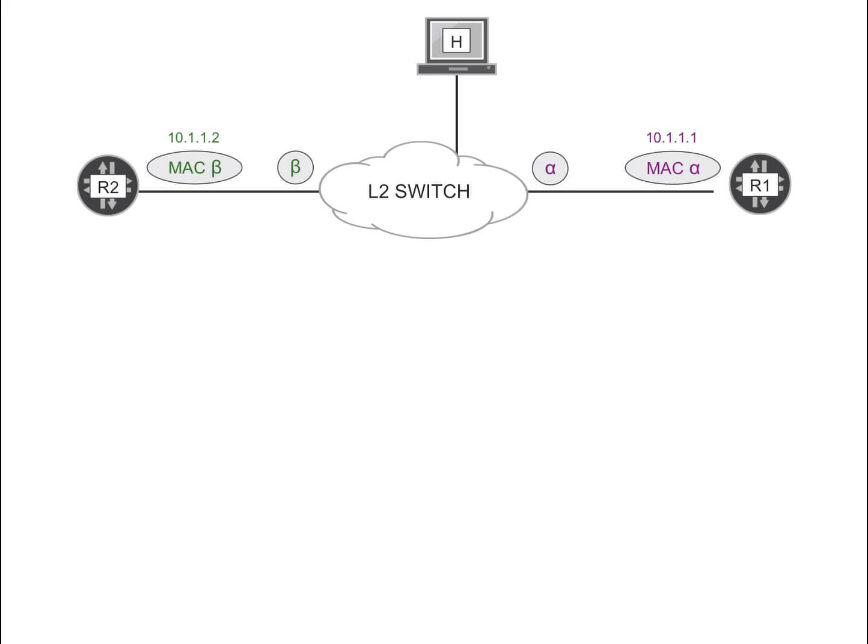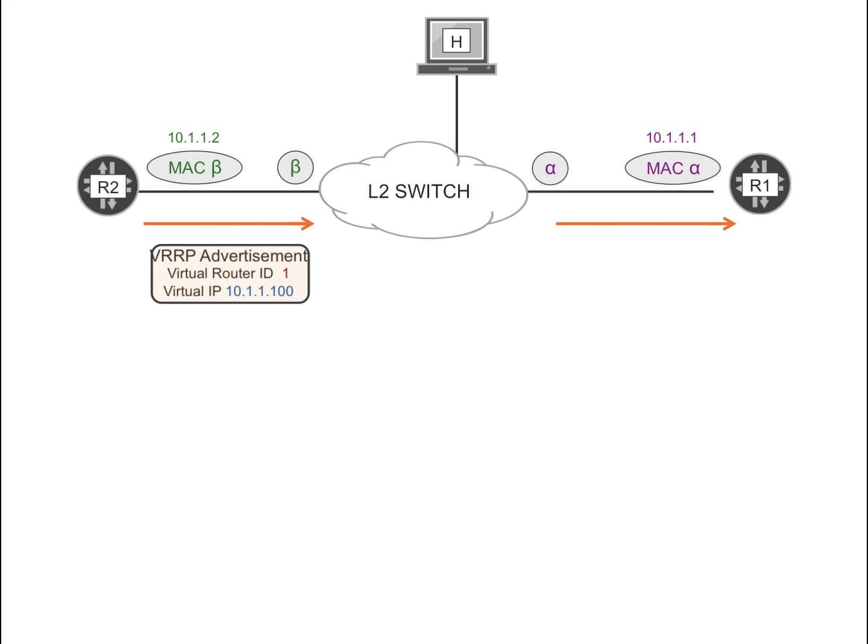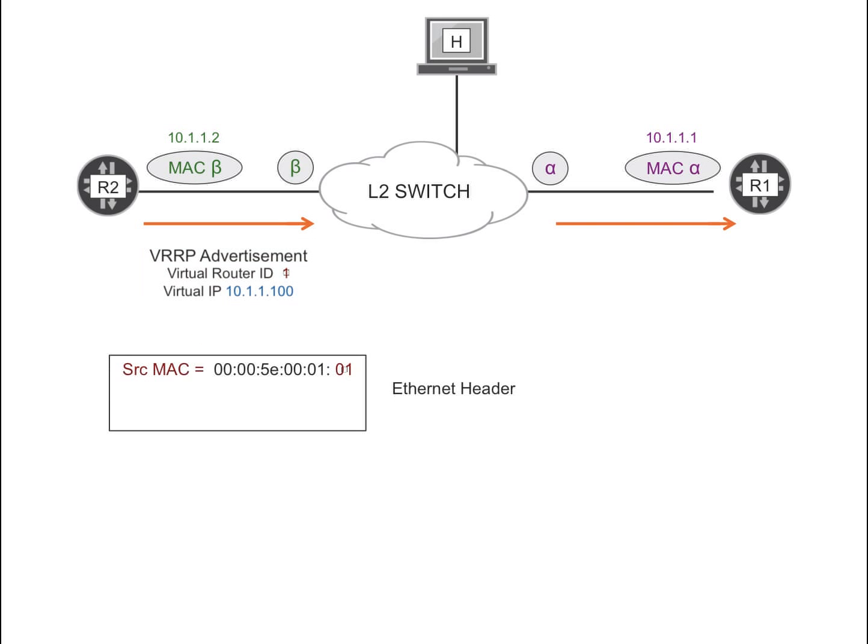And how about the VRRP packet? The source MAC is the virtual MAC address corresponding to the virtual router ID. You can see how the mathematical rule works. The virtual router ID is added after the prefix 00:00:5E:00:01.